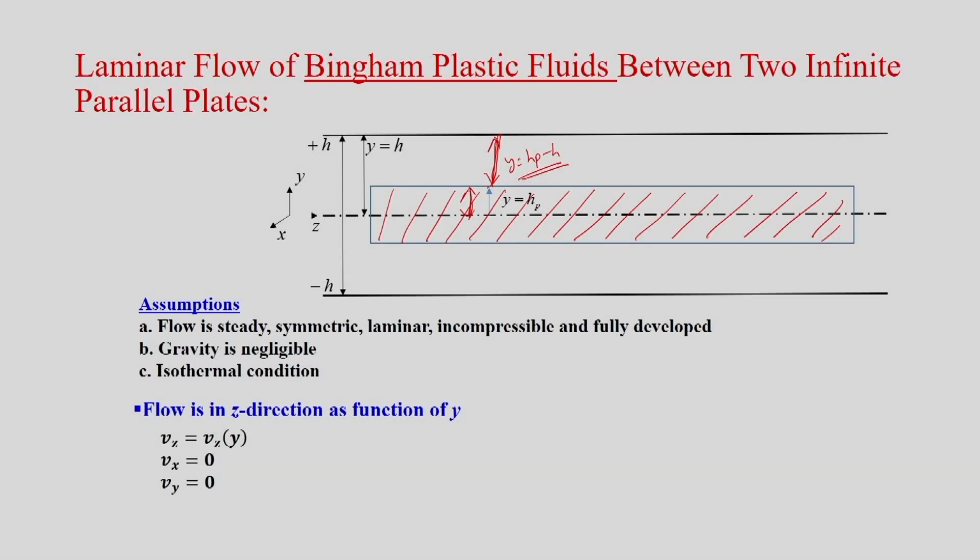The conditions are the same: only the Vz component exists, and it is a function of y. Vx is 0 and Vy is 0. All other assumptions are exactly the same as in the previous case of power law fluids. Here only the fluid is changing; the geometry and other assumptions are not.